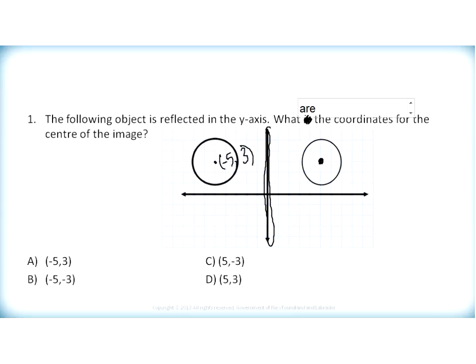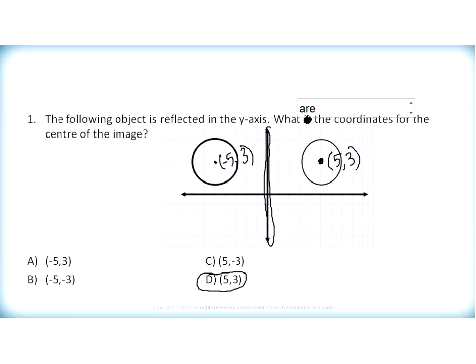The coordinates for the center of that circle now are going to be 5, 3, because I'm still above the x-axis, but I'm reflected on the y-axis. So that means the options that I'm given, the answer is going to be D.